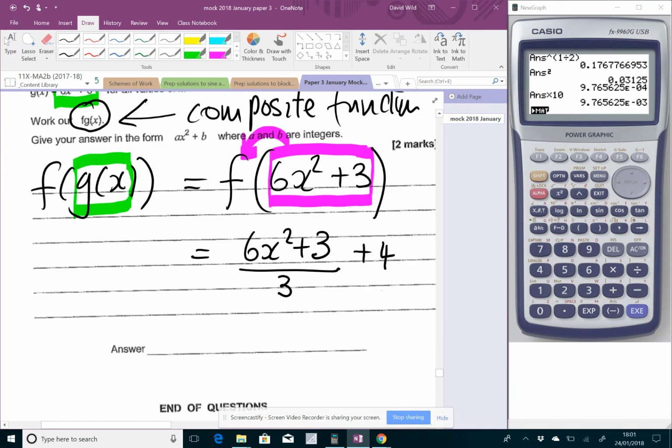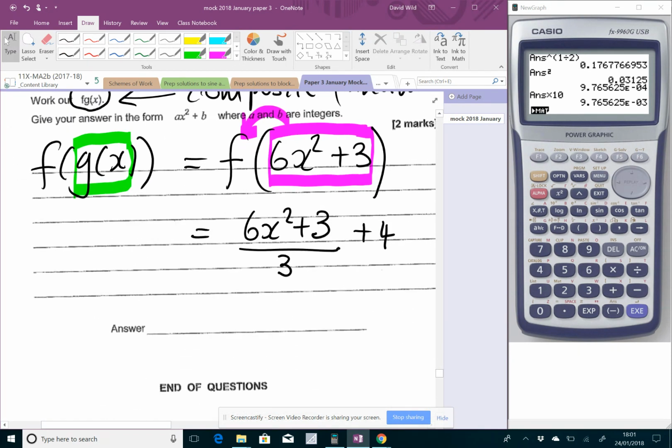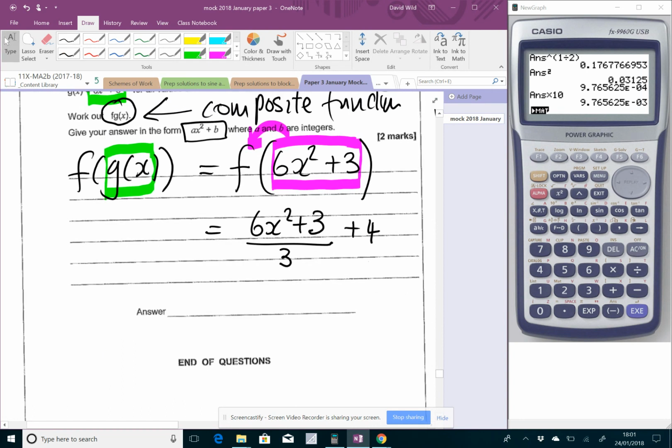Okay, it asks us to simplify and give our answer in this form here, which is a sort of a quadratic type expression. So let's do that. You should notice this numerator has got a common factor of 3. So we're going to end up with 2x squared plus 1. So here 3 2s are 6, 3 1s are 3.